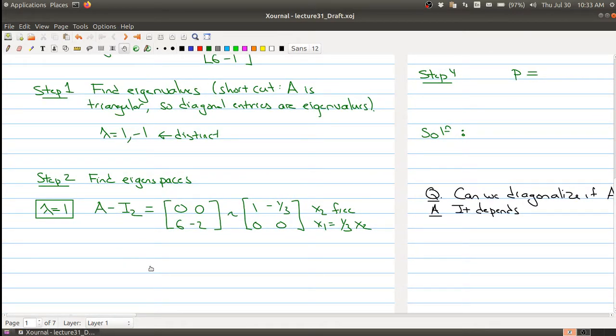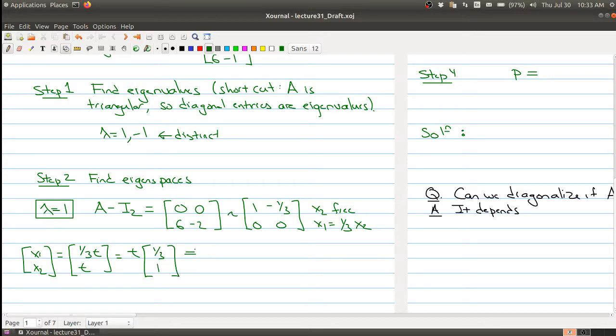And so we can now start writing out our eigenspace. Here I'll write out a couple more details. We have that (x1, x2) is equal to, and we'll let x2 be equal to t because it's free, (1/3 t, t). So this gives me t times (1/3, 1).